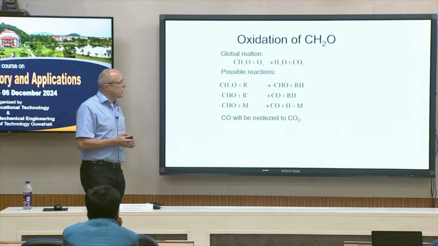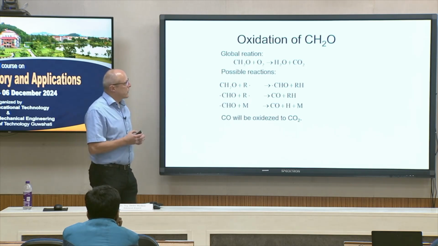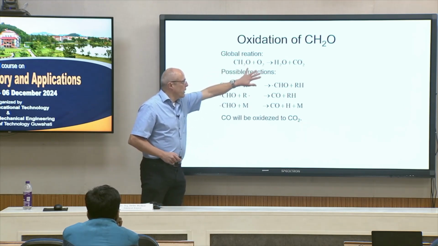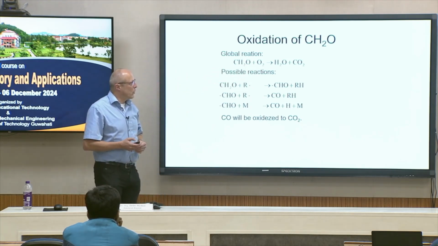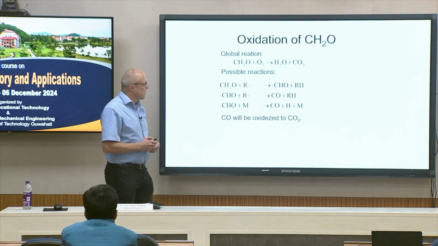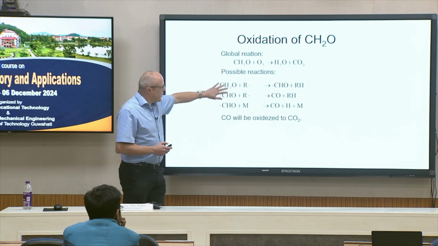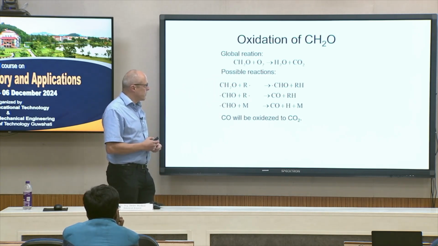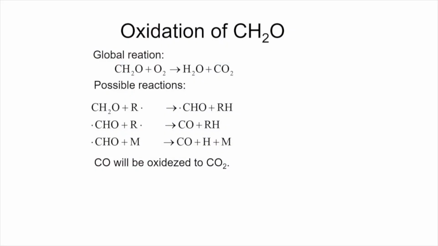Then the next molecule we have to consider is formaldehyde. So again, we have this global reaction: formaldehyde plus O2 gives water and CO2. But of course, we have different reaction paths to consider here.